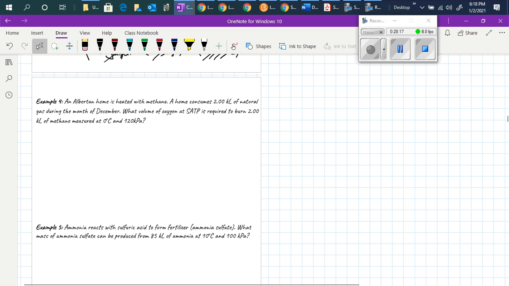So again, we are not dealing with standard conditions, either STP or SATP, because we have 120 kilopascal. Now we'll start with, I actually will do it on another page.